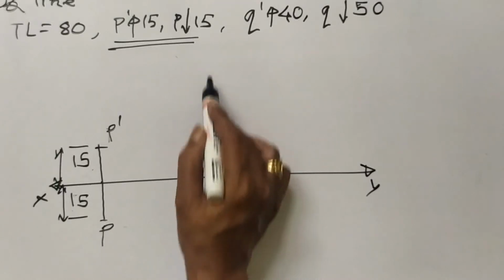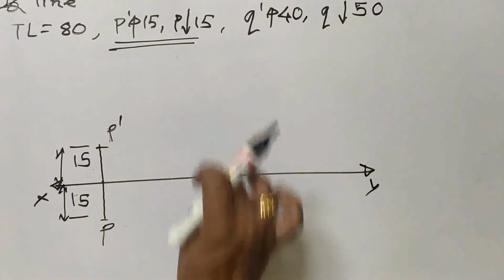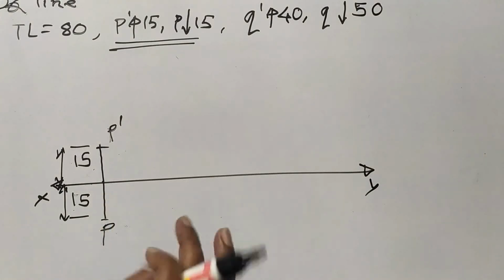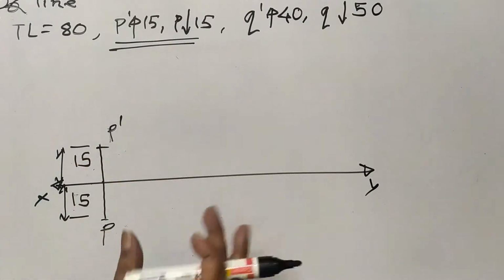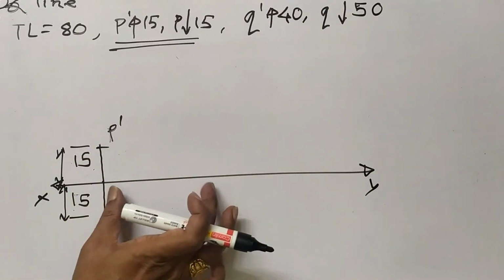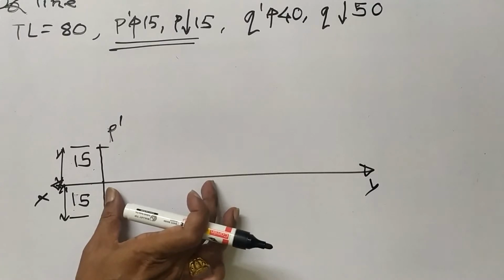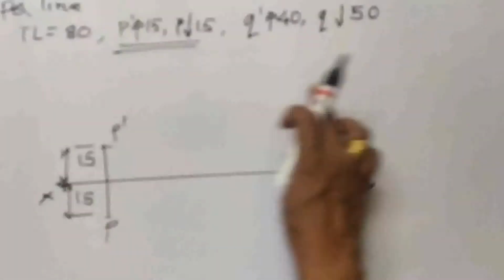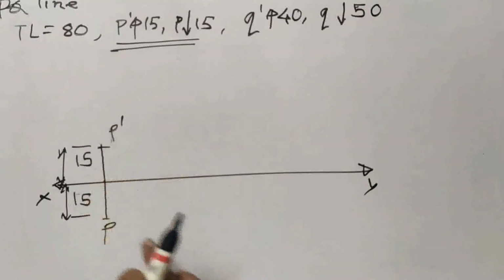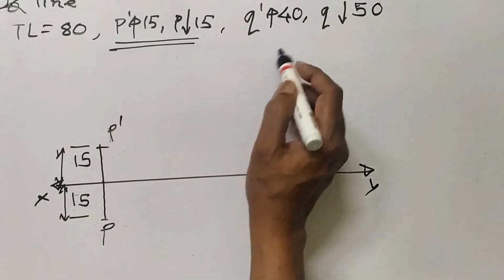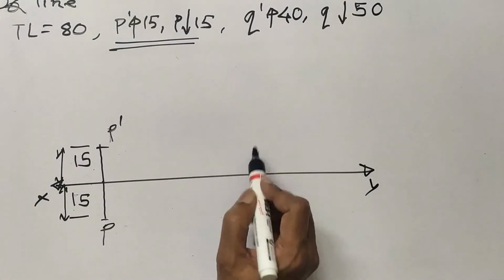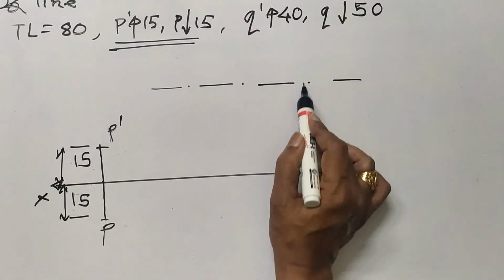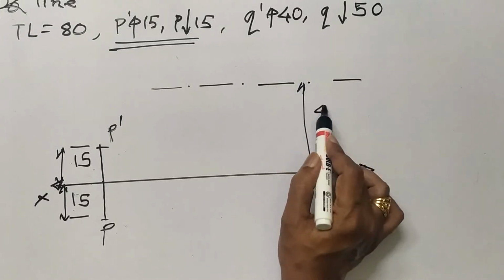Now you can't mark a projector line for Q dash and Q because the projector distance is not given. So one projector you have fixed, but how much distance it is away from the first projector, that is not given. But what I will do now, I will draw the locus simply first. Locus means the line on which this Q dash and Q point will lie. So this Q dash is 40 mm above, so from above XY line, I will draw a locus line. This distance is 40.